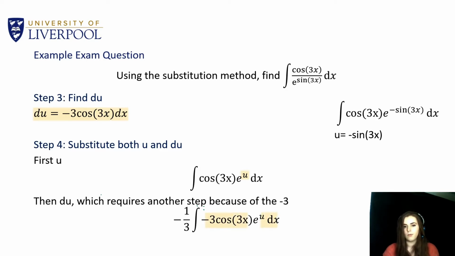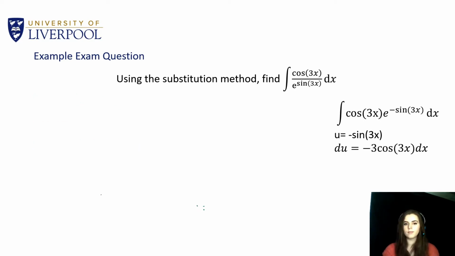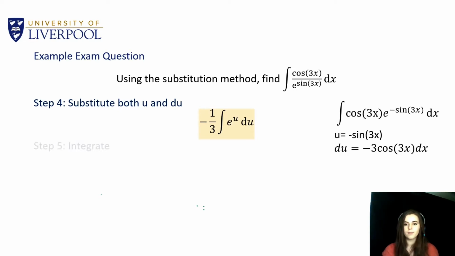So now what we do is we take the minus 3 cos 3x dx and replace that with du. And finishing off step 4, this is where I replace the minus 3 cos 3x dx with the du.